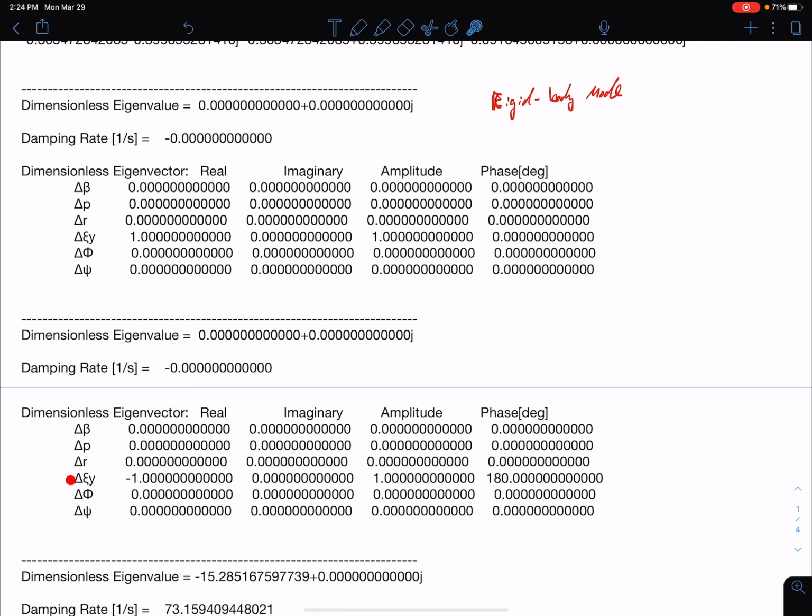You may get a -1 for either of those. But just know that the y coordinate and the heading are the two that are going to create these rigid body modes. And again, I just don't know what causes that. In some eigensolvers, I think those rigid body modes are maybe just a little ill-conditioned, and so sometimes you get slightly different results. But those are the two variables that are causing our rigid body modes, okay? Those two variables right there.